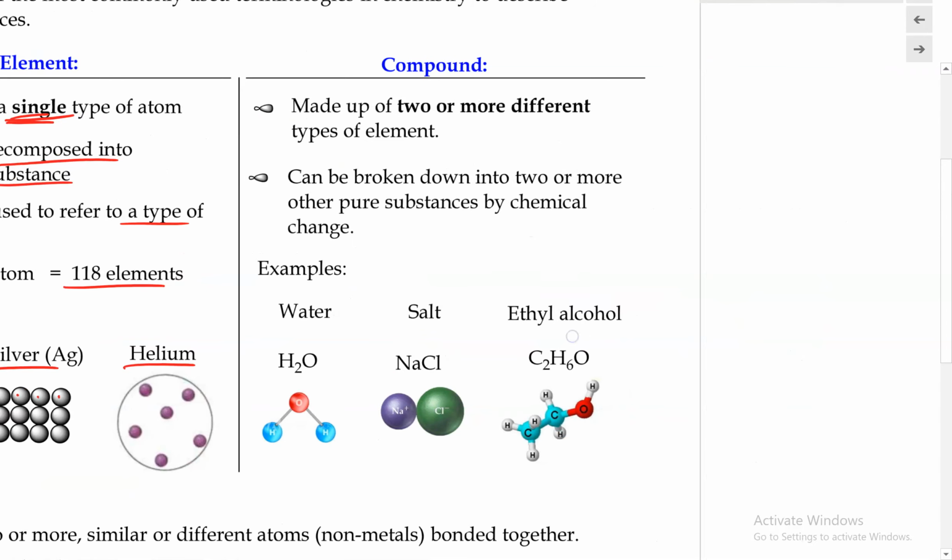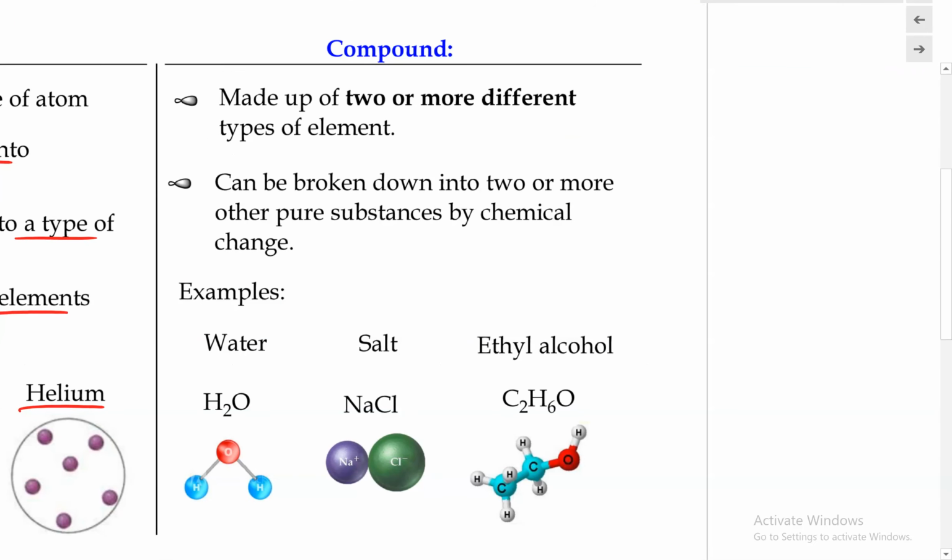And now moving on to the word compound. What are compounds and how are compounds different from elements? Compounds are basically substances that are made up of two or more different, and the word different here is really important, types of element in its chemical formula.